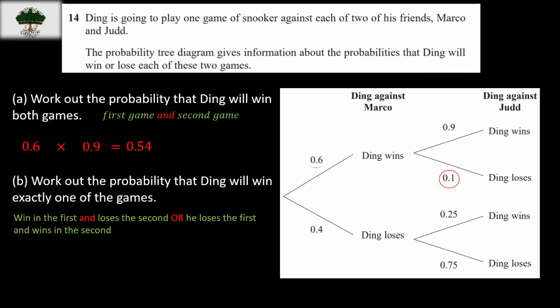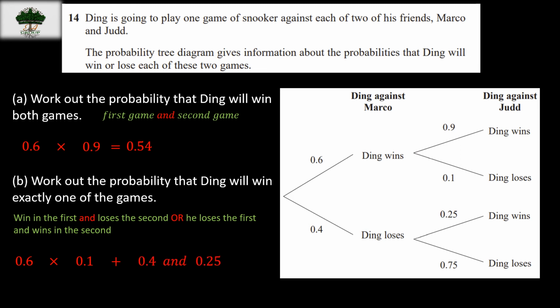So here we are talking about him winning the first game but losing the second one. So 0.6 and 0.1, and "and", as we mentioned, is multiplication. Then we say "or", which always means plus. So plus he loses the first game but wins the second game: 0.4, which means he loses the first game, and 0.25, he wins the second one.